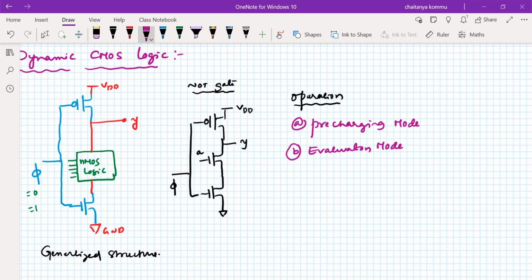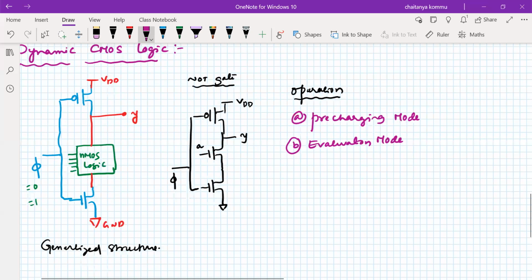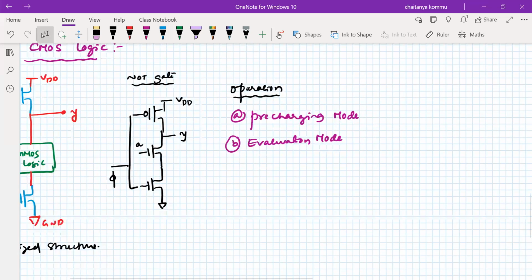What do you mean by the pre-charging mode? It means that when phi is equal to 0, PMOS is on. In that case, what about NMOS? The bottom NMOS is off.